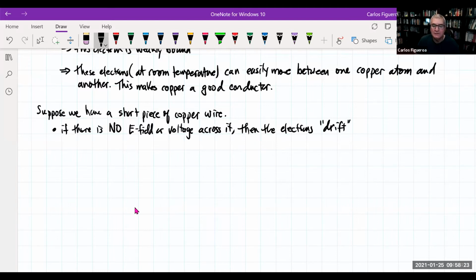They have a drift velocity, and this drift velocity implies that you have random motion. Now, this random motion is really due to thermal agitation of the electrons.